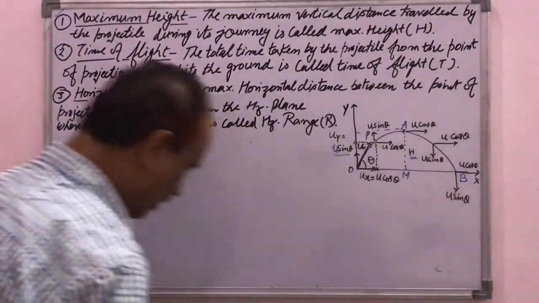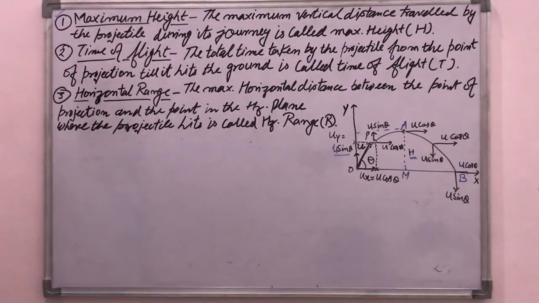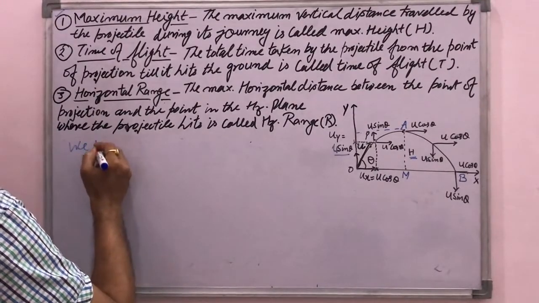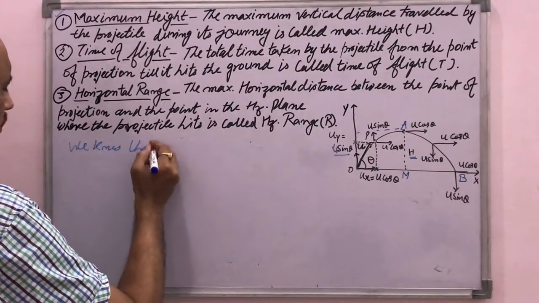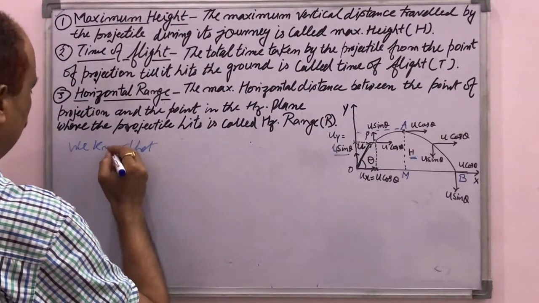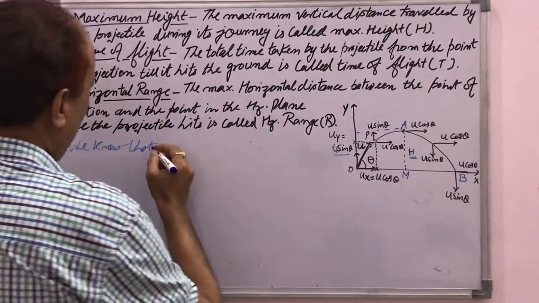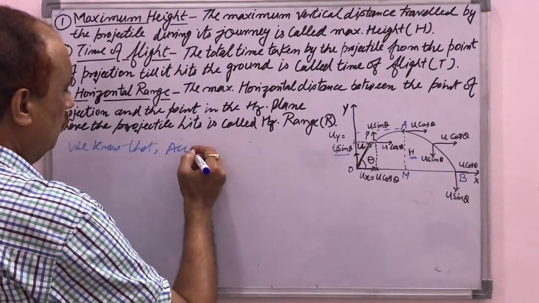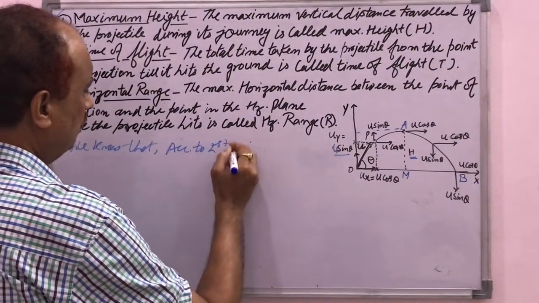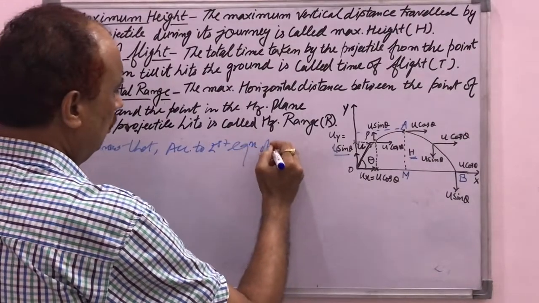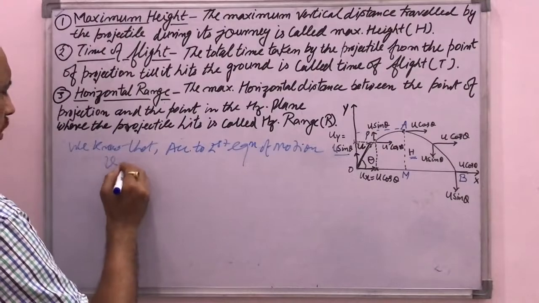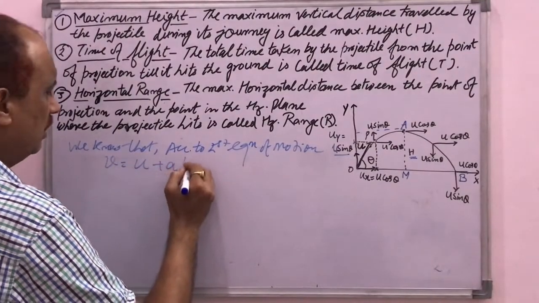So we have to solve using the first equation of motion. We know that according to the first equation of motion, v equal to u plus at.